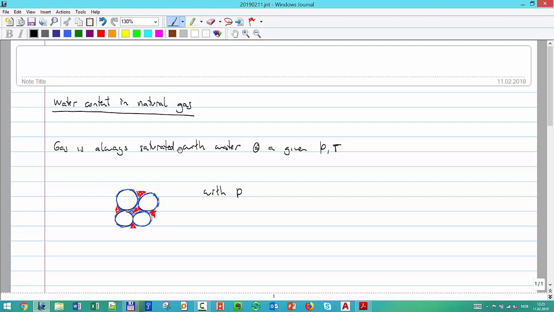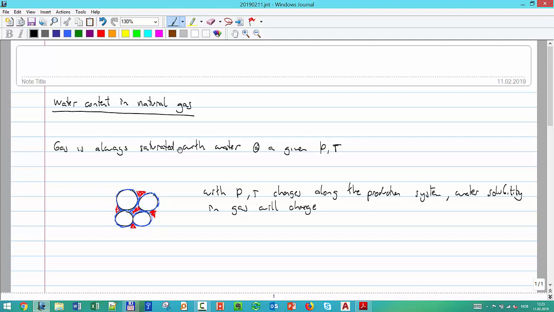With pressure and temperature changes, the water solubility in gas will change.